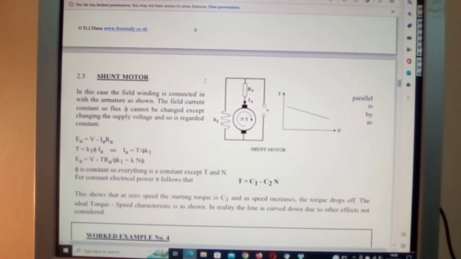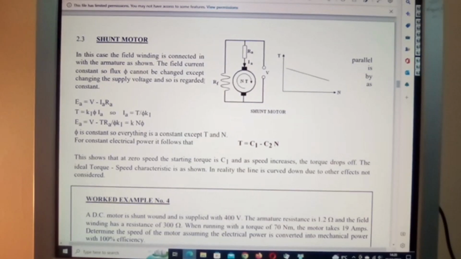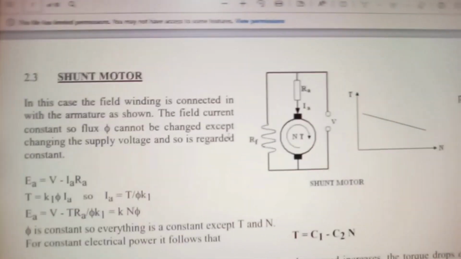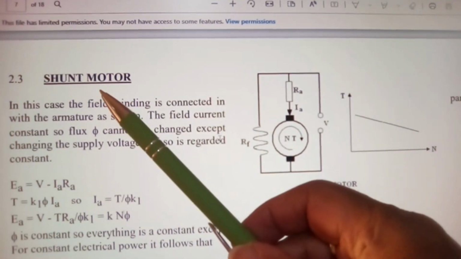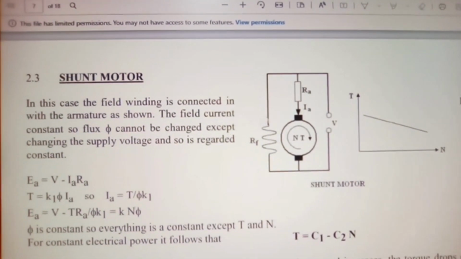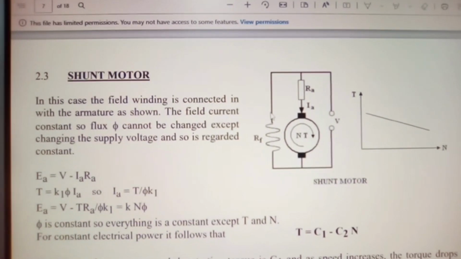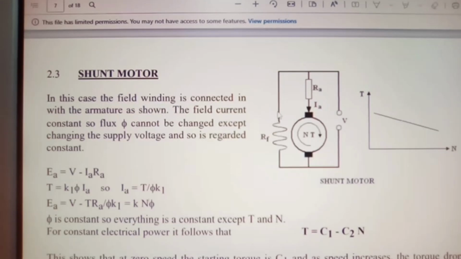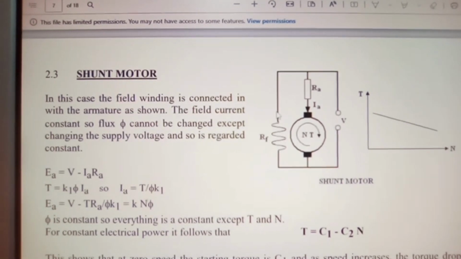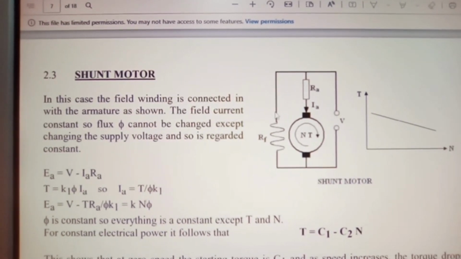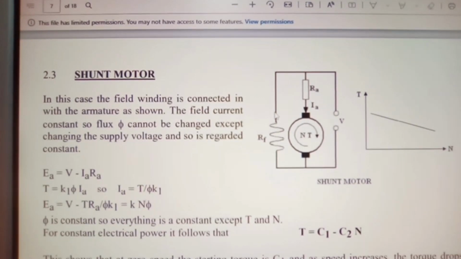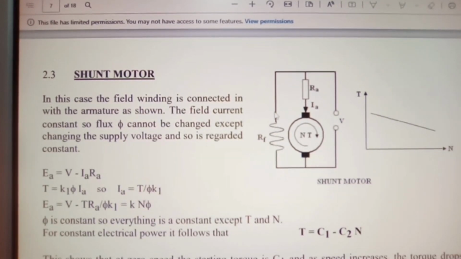Right. What I want to look at now is something called shunt motors.